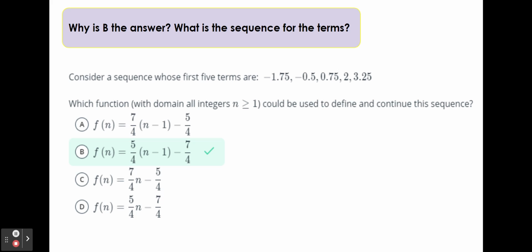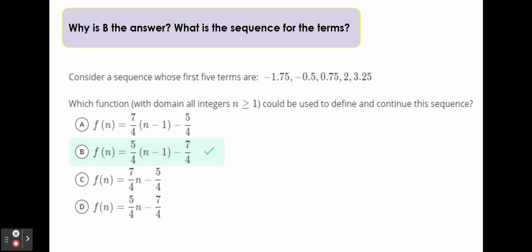Why is B the answer? What is the sequence for the terms? Consider a sequence whose first 5 terms are negative 1.75, negative 0.5, 0.75, 2, 3.25. What function with domain all integers equal to or greater than 1 could be used to define and continue this sequence?